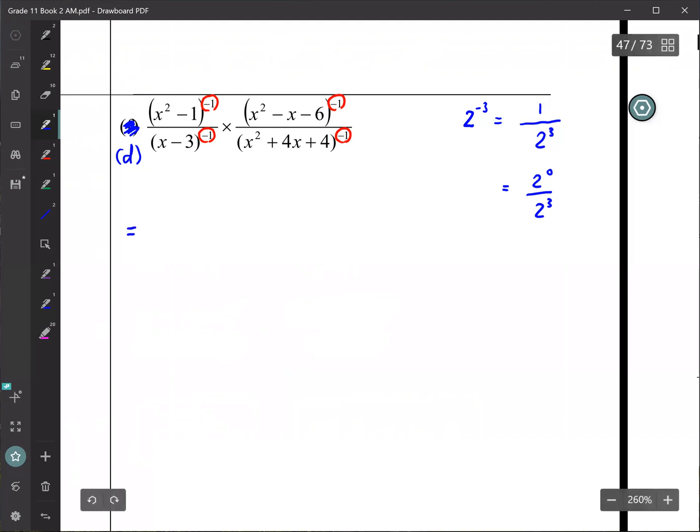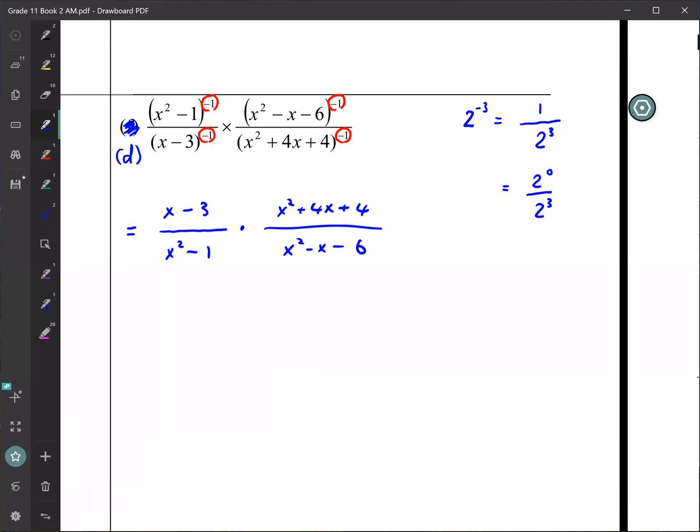So what you can do is just rewrite it first, so then you can get rid of all the exponents. Each one of them has a -1, so you can just flip everything. What used to be the denominator will go to the numerator. And then you just work on this one, okay? But be careful about restrictions.